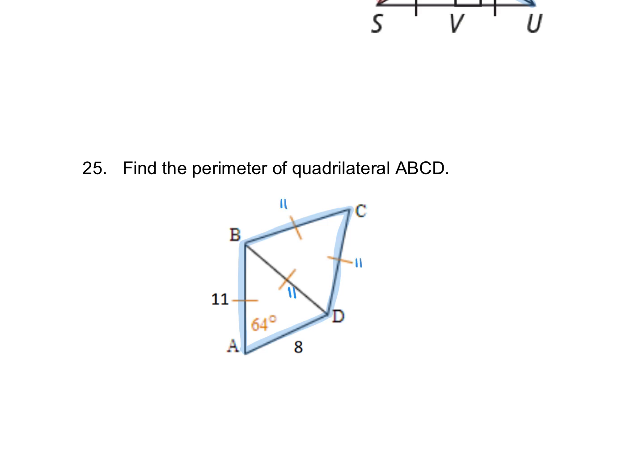And what we just did is got the four sides that we need to add together to get our perimeter. So the perimeter is going to be equal to 11 plus 11 plus 11 plus 8. So 11, 11, and 11 give us 33, and 33 plus 8 is 41.